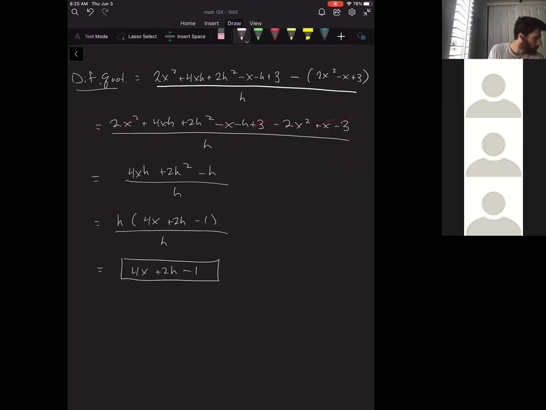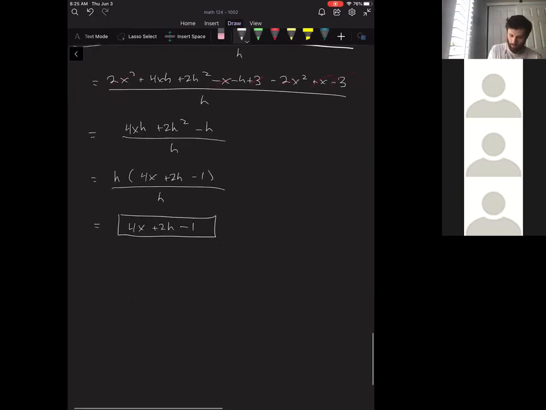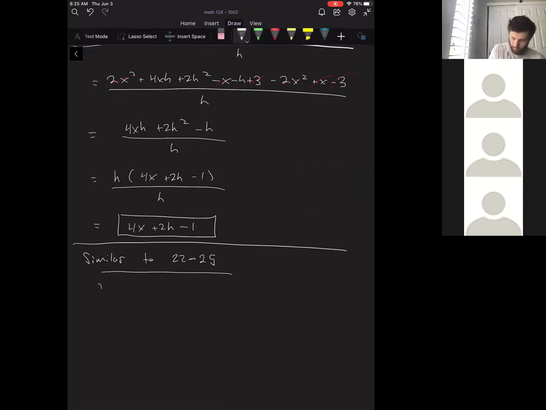Okay, let's do, I want to do something similar to 22 to 25. It's going to be similar. So for the following, let's let f of x be equal to 1 over x plus 1.